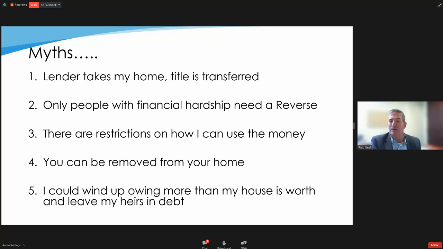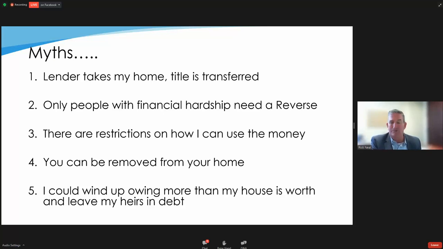Another myth, only if you do not fulfill obligations of paying taxes and insurance can you be foreclosed, just like a conventional mortgage. And number five, I could wind up owing more money than my house is worth and leave my heirs in debt.